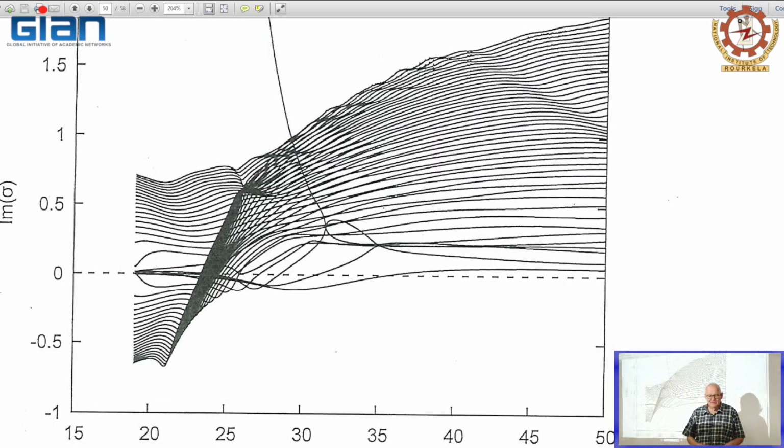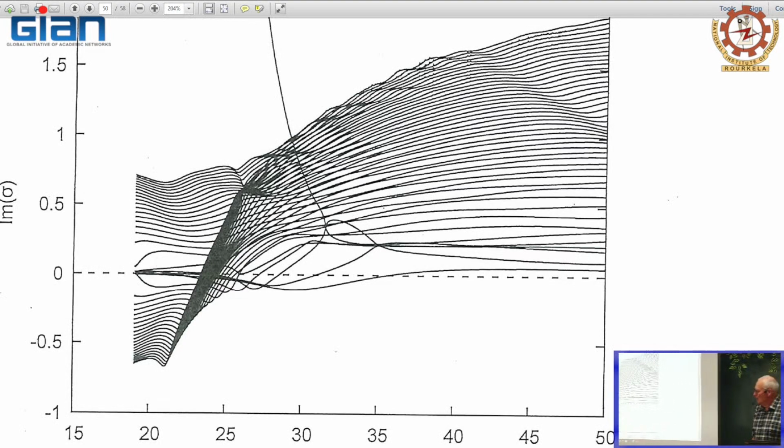This is also a property we have seen for the strange modes. So we have a transition from a rather normal behavior to this strange mode behavior, with instabilities appearing in groups or in pairs of complex conjugate modes.